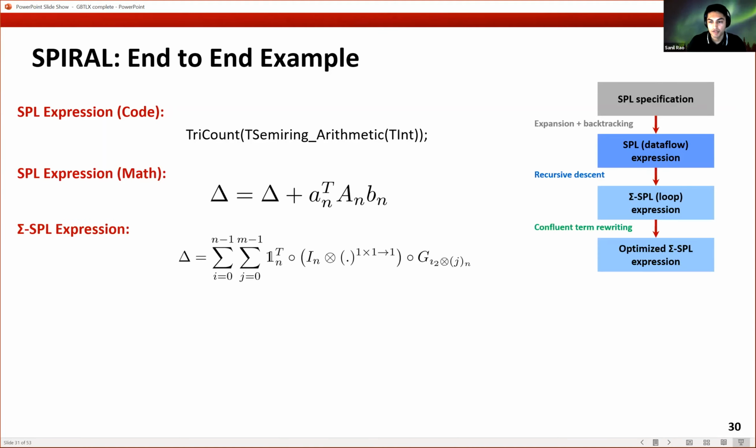From there, we need to add loops and access pattern information. And we do this via the sums rule tree and create our Sigma-SPL expression. This sums rule tree will make use of recursive descent, which will implement our SPL objects and expand upon them to give their looping equivalence.